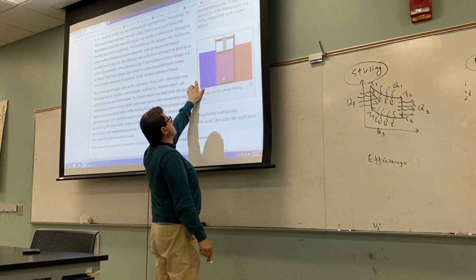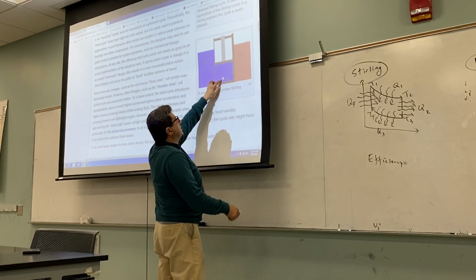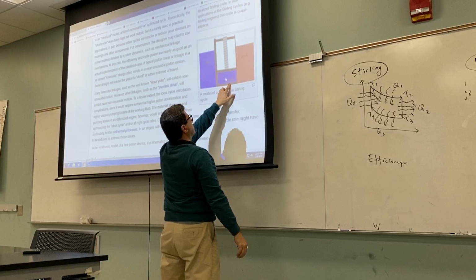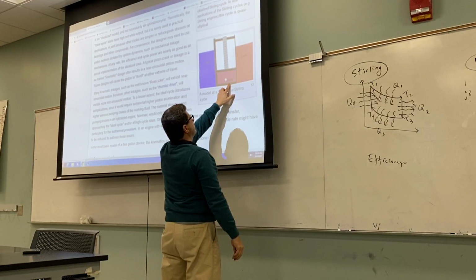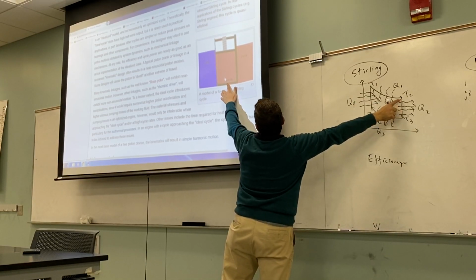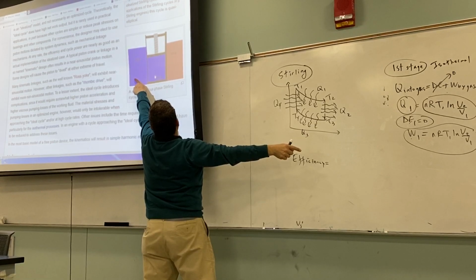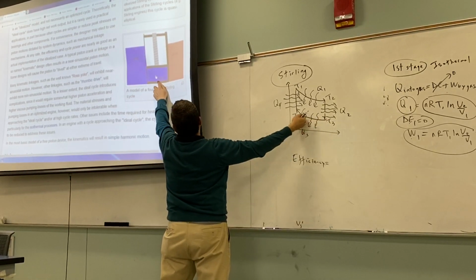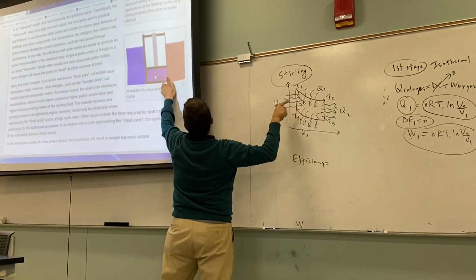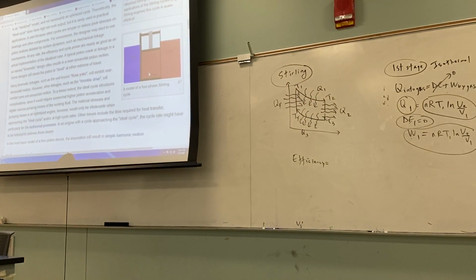Now you dump heat to the cold reservoir. You expand. Then you go down. Heat comes in from the hot reservoir. So that's this guy. Then you go up. Then you dump heat this way. You see? Then you go back this way. Then heat comes in. See, cool? Simulation of that.